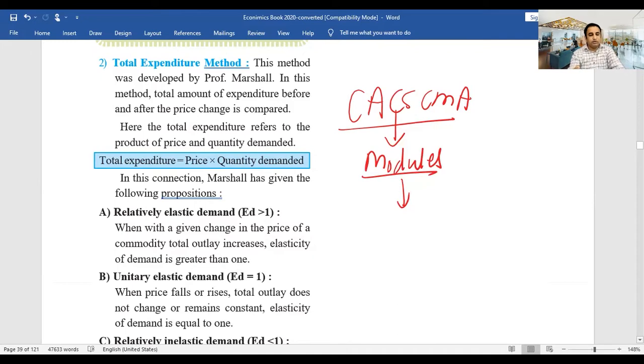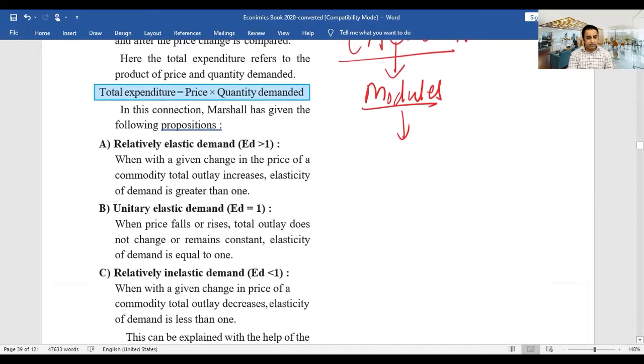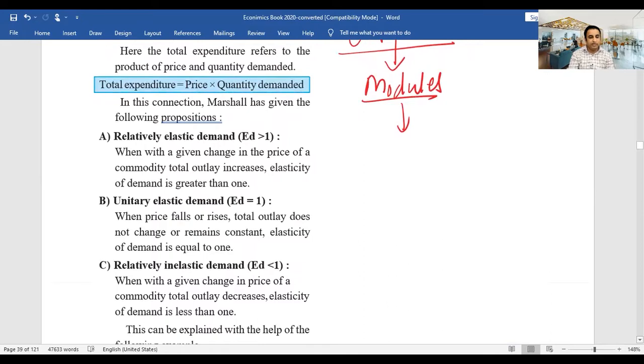And what do they suggest here? That in the total expenditure method, they have given a different explanation. For example, here they have said that with a given change in the price of a commodity, if total outlay increases, then elasticity is greater than 1.